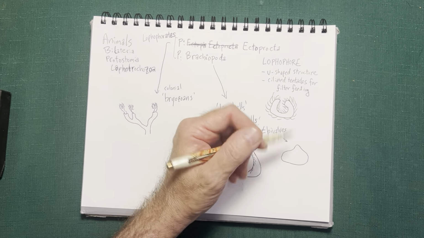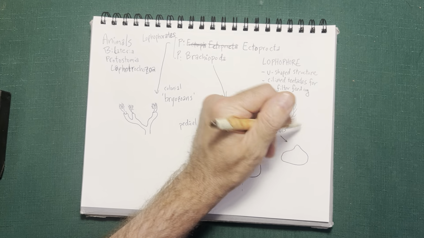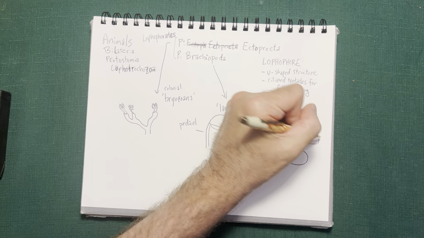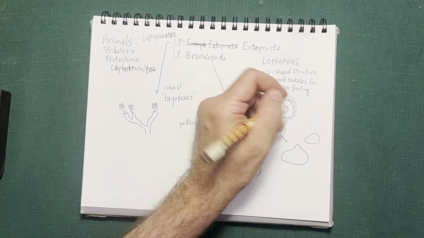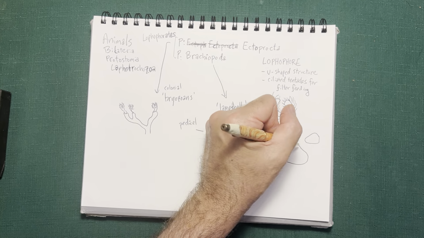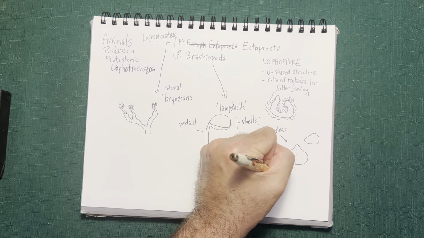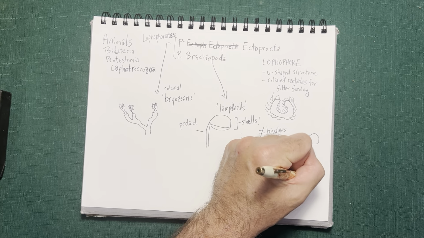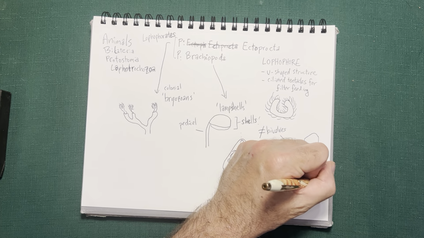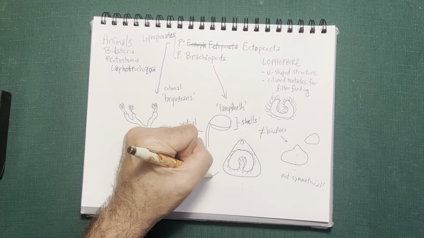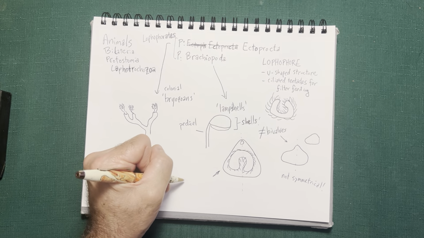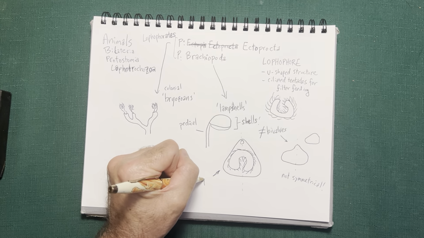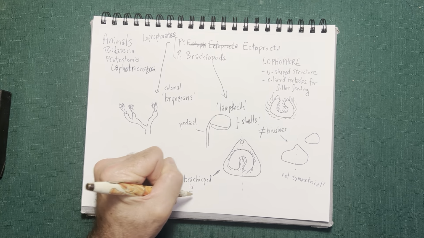Versus a clam or an oyster, they're not completely bilaterally symmetrical. They're always a little bit asymmetric in this axis. So if I were to try and cut like this, not symmetrical. But a brachiopod is symmetrical.